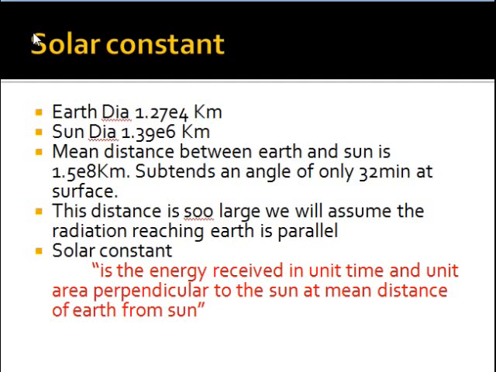Okay, before going to the solar constant: solar energy from the sun is released because of the fusion reactions that take place very far away, some 1.5 into 10 power 8 kilometers away. The diameter of the earth is 1.27 into 10 power 4 kilometers, and the diameter of the sun is 1.39 into 10 power 6 kilometers.